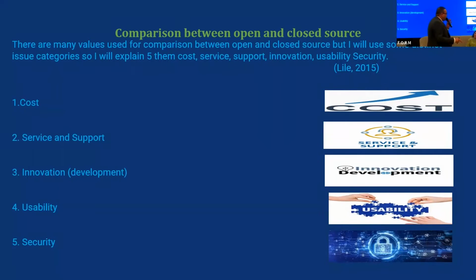Only the company, SirsiDynix. But when we speak about Koha, there is something called the Koha community, more than 300 people who develop it and will give you any information you want, any bugs you have, and how to solve them.